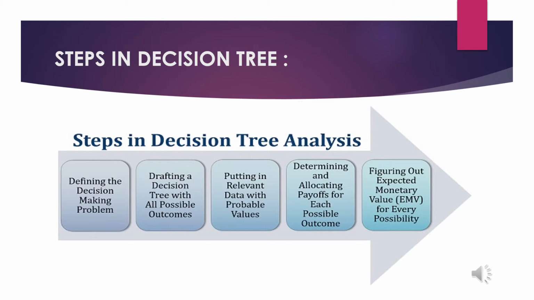That's what we mean by putting in the relevant data with its probable values. The fourth step is to find out all the outcomes of all the variables and specify them on that decision tree that we have drawn previously. That is what we mean by determining and allocating payoffs for each possible outcome.